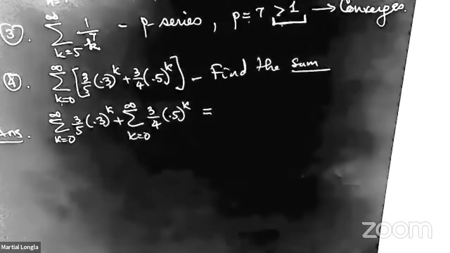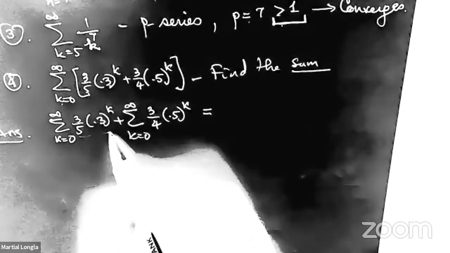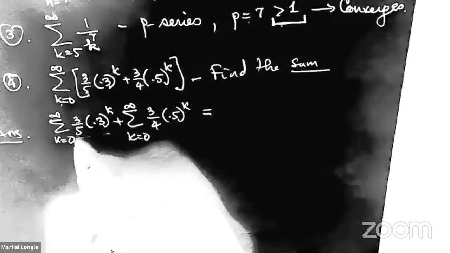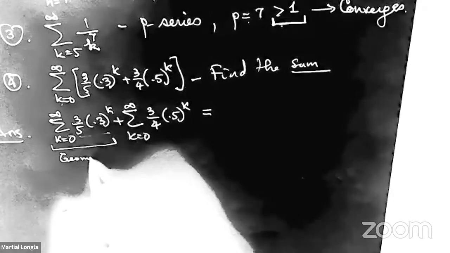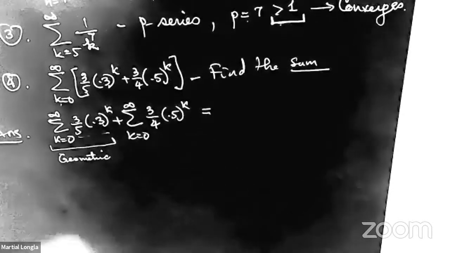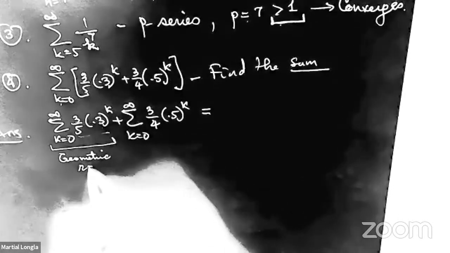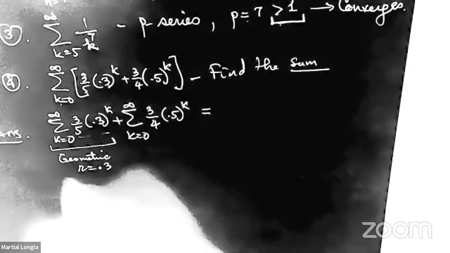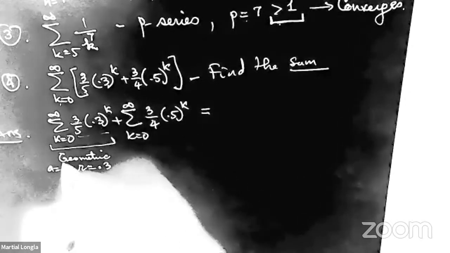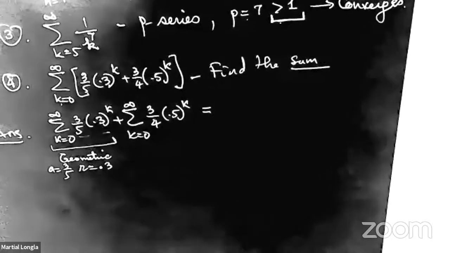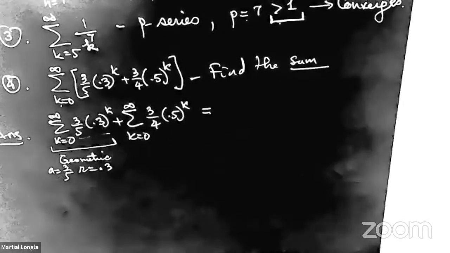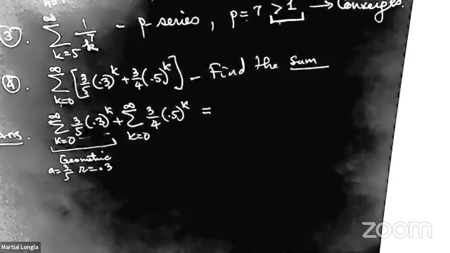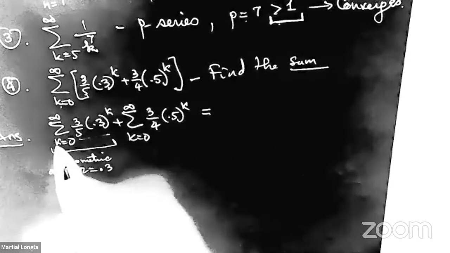The first one is geometric. R is 0.3, A is 3/5, and the answer is A over 1 minus R, because the sum starts at 0.